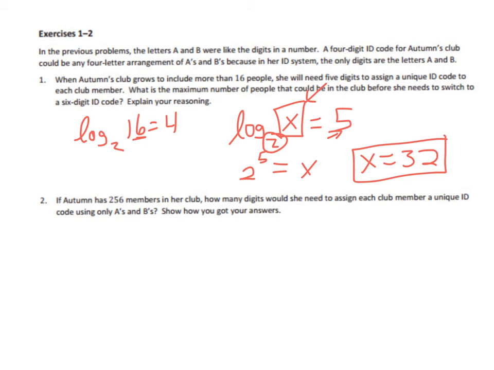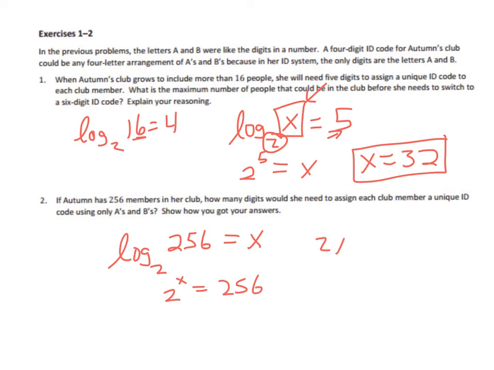They ask, if Autumn has 256 members in her club, how many digits would be needed? So we got to go even bigger than that. So that's a log. We know we're going by 2's every time, but we know it's going to be 256, and now we want to know how many digits, so this kind of correlates directly back to what we did before. Set up your problem, 2 to the x equals 256, then you got to figure out how many 2s we got there.